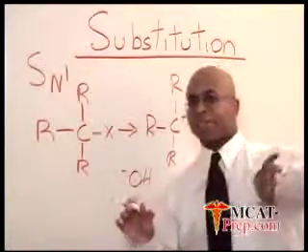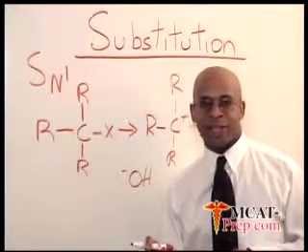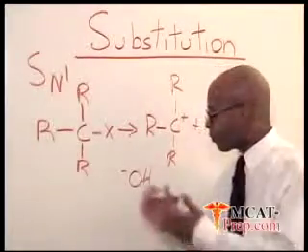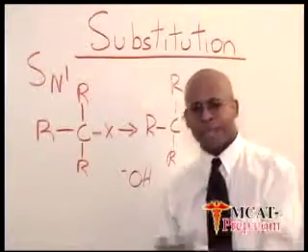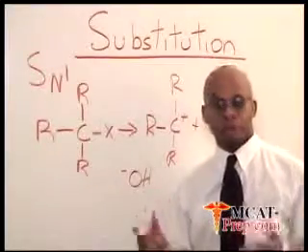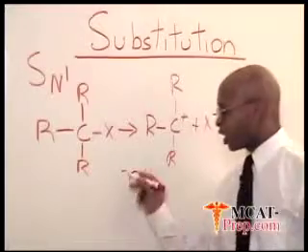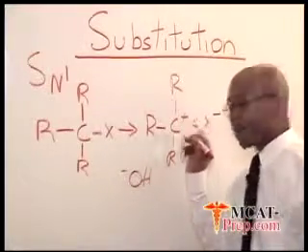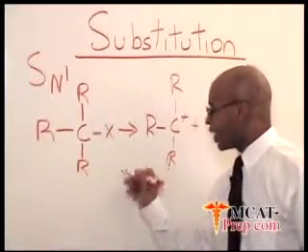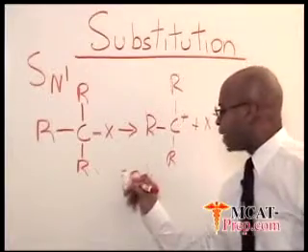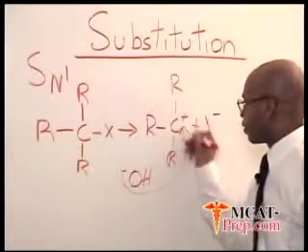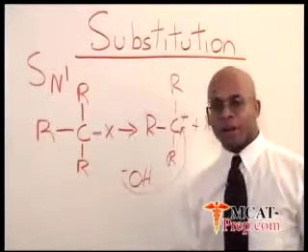Na plus sits off to the side and does nothing because it's a spectator ion. OH minus is actively involved in the reaction because we know it is a good nucleophile. So with a good nucleophile and a positive charge, this negative charge would be happy to go in and attack the carbon.